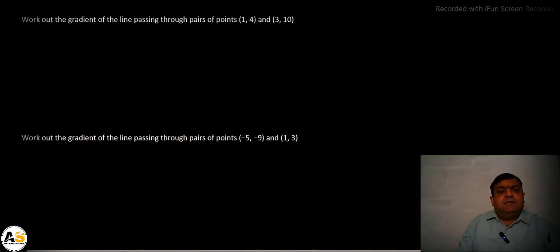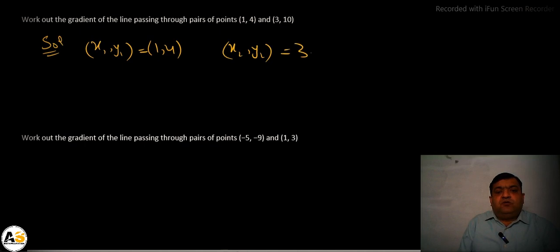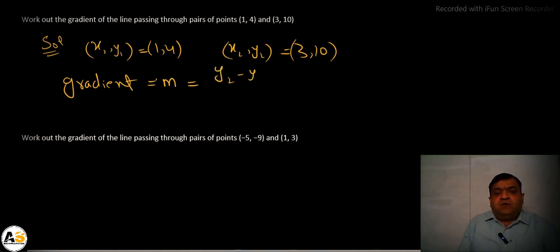First example is, work out the gradient of the line passing through the pair of points 1, 4 and 3, 10. In this example, the first point, we will call it x1, y1, is 1, 4 and the second point x2, y2 is 3, 10. The gradient of the line joining these 2 points, sometimes also written as m, will be y2 minus y1 over x2 minus x1.